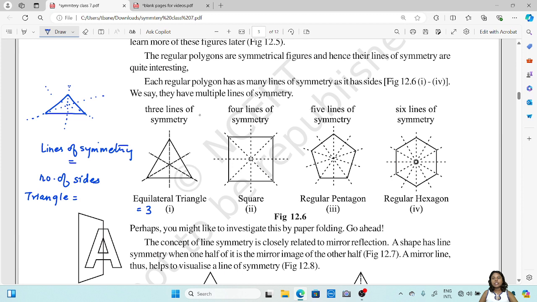Triangle has 3 sides, so automatically lines of symmetry will also be 3. Square has 4 sides, so it will have 4 lines of symmetry. Pentagon has 5 sides, it will have 5 lines of symmetry. And a regular hexagon has 6 sides, so it will have 6 lines of symmetry. So for any regular polygon, the number of lines of symmetry is always equal to the number of sides.